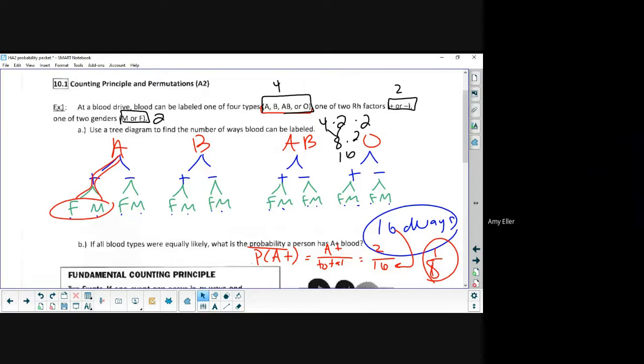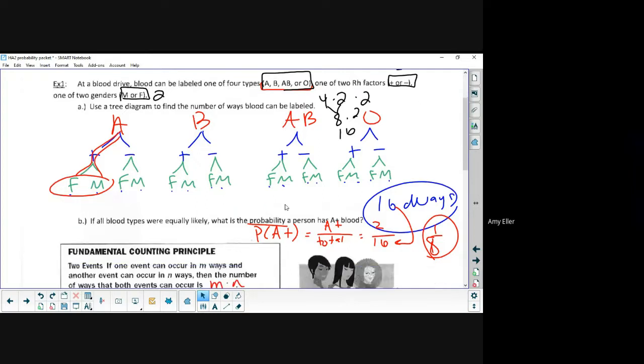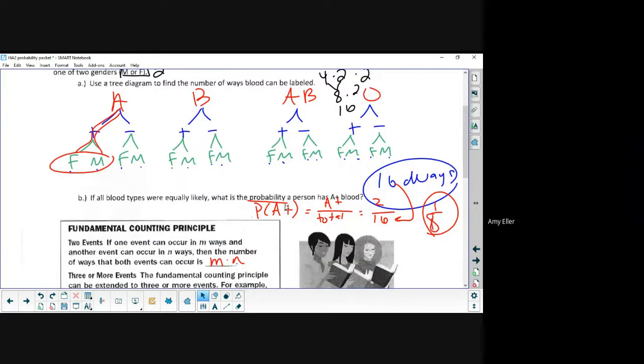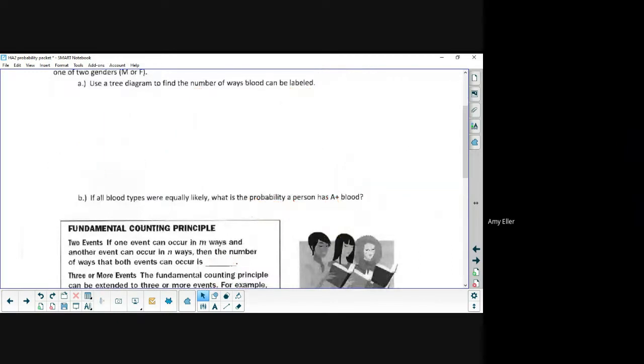Have we heard of the counting principle before? Some have, some haven't. Okay. It only works if you're picking one object. So like if this was, let's say I have 5 flavors of ice cream, and 2 toppings like chocolate sauce or caramel sauce, then the number of ways I can make my sundae is 5 times 2.